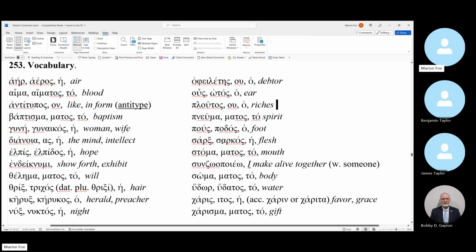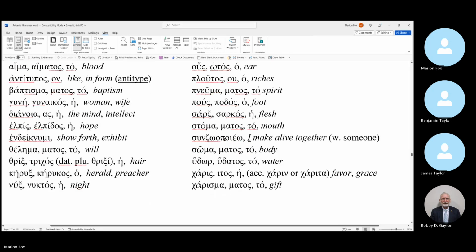And so that's flesh. Stoma, that's your mouth. Stomatos. Put a tau right there and that will be your stem. And so the ma becomes matos for the genitive ending.